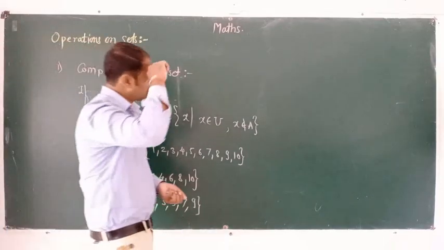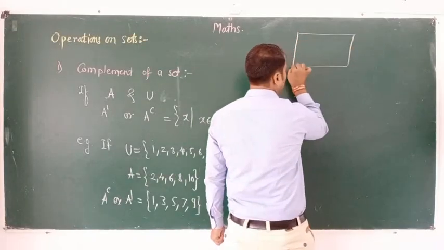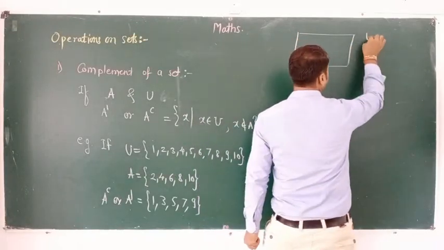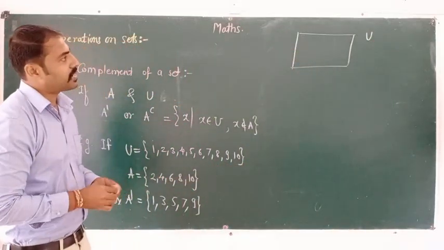Now the complement of a set can be represented by a Venn diagram.